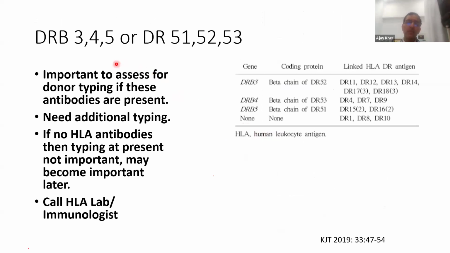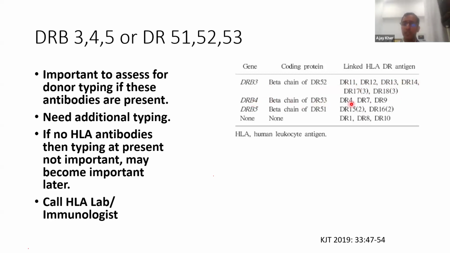Another key part of looking at class 2 is to be aware that there are DR51, 52, 53, also called DRB345. These are drop-ins that happen with specific HLA-DR combinations, but can happen separately also. So for example, DRB3 or DR52 is usually seen with 11, 12, 13, 14, 17, and 18.